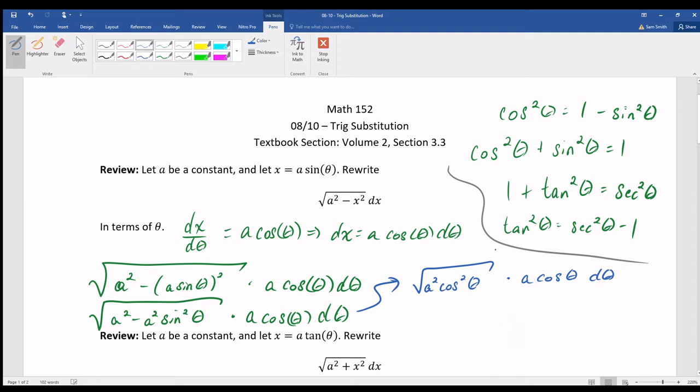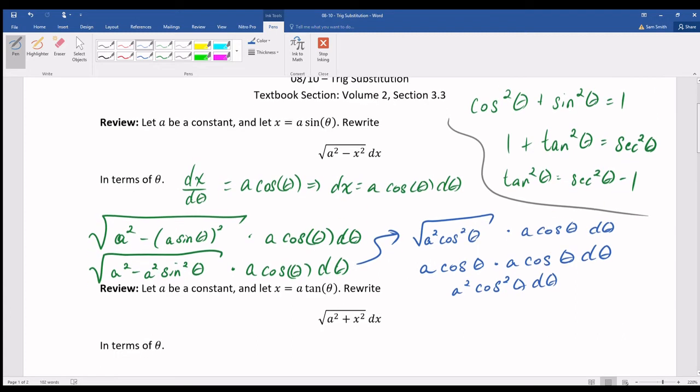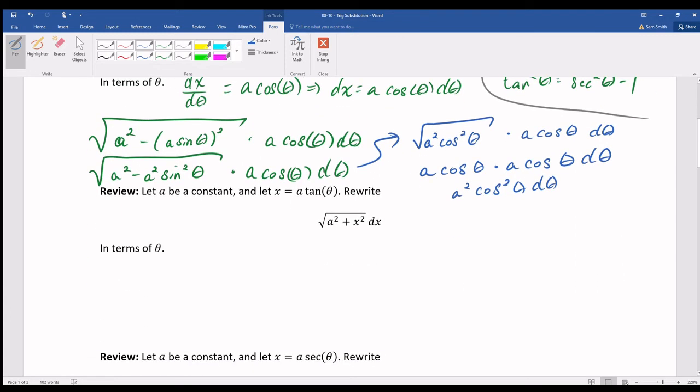And since everything under the square root is a product of squares, this can be simplified to a cosine theta times a cosine theta d theta, or a squared cosine squared theta d theta. Simplifies beautifully.